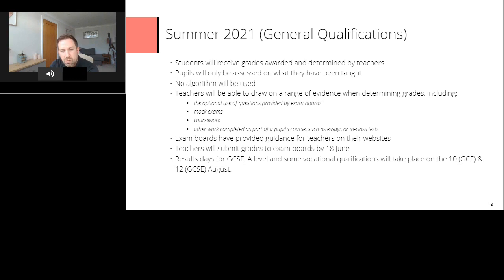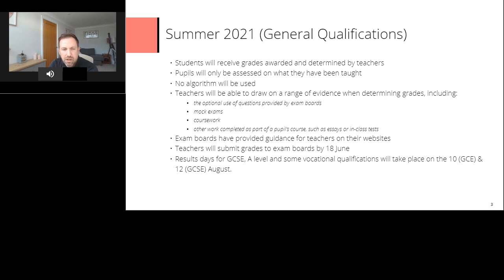Any coursework or non-examined assessments that students have either completed or partially completed, as well as, of course, any other type of work that has been set throughout the course, either in class or by the teachers, and that could include essays or any kind of in-class tests that students may have completed.